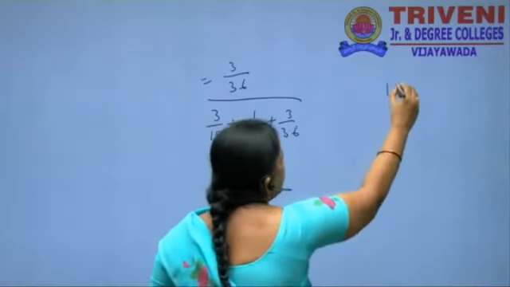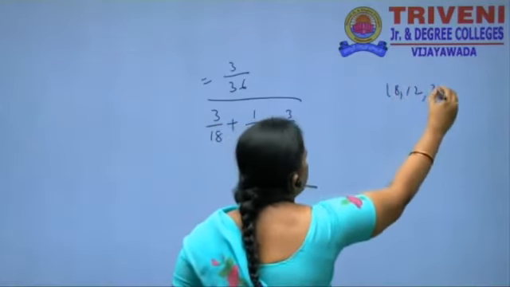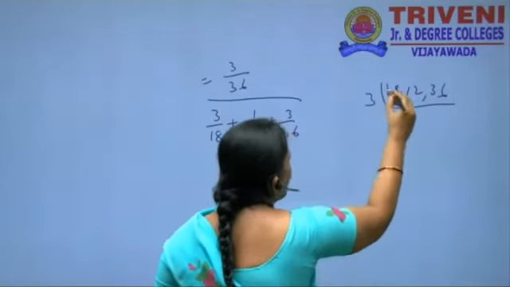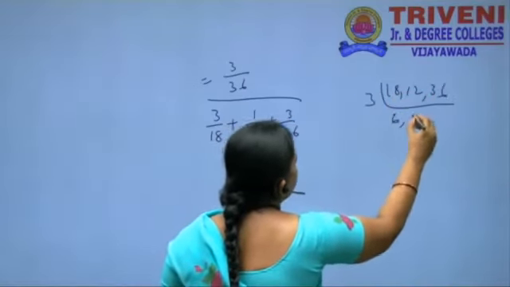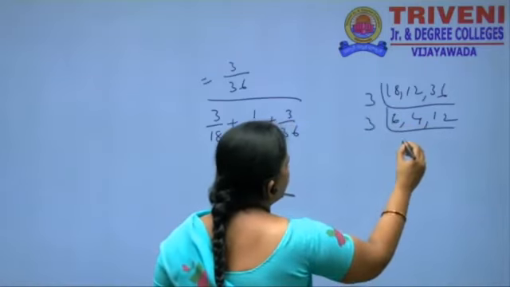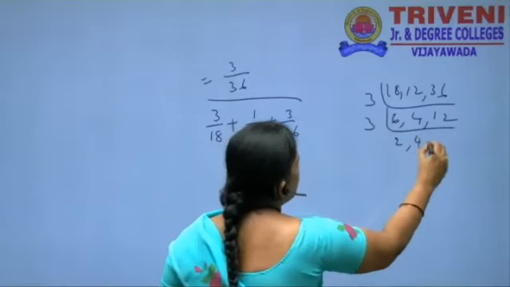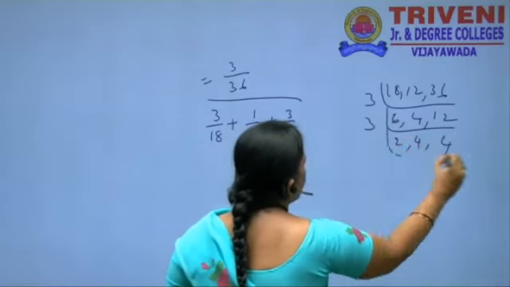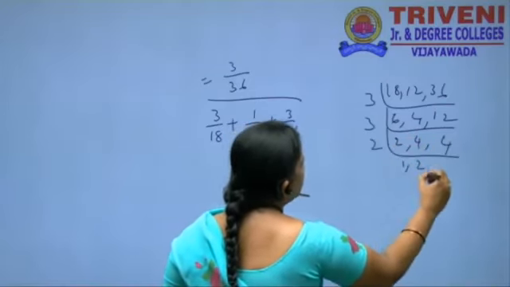Here the denominators are 18, 12, 36. Take the LCM here: 18, 12, 36. How many times can we take 3? 3 times: 6, 4, 12. Again we take 3 here: 2, 4, 4. Again 2: 1, 2, 2.